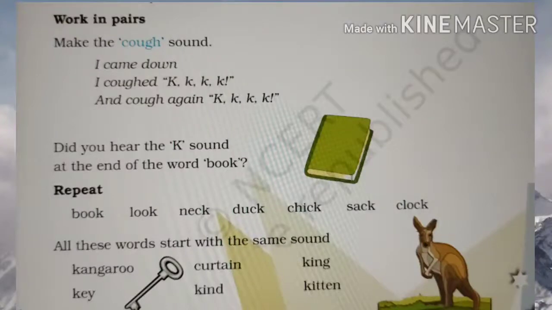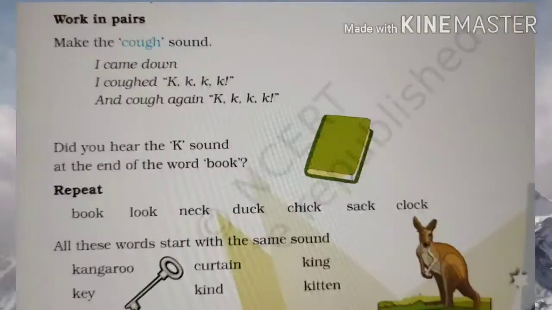All these words start with the same sound. Kangaroo, curtain, king, key, kind, kitten. Once again, kangaroo, curtain, king, key, kind, kitten.